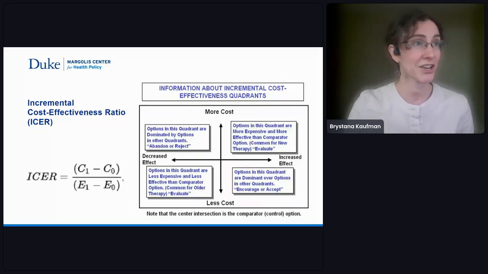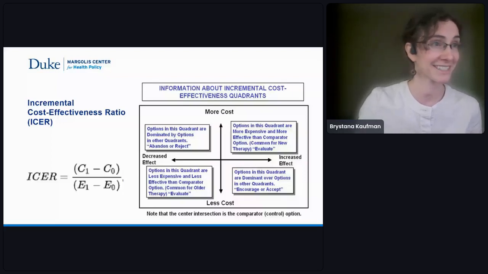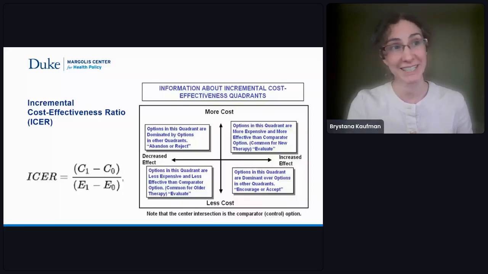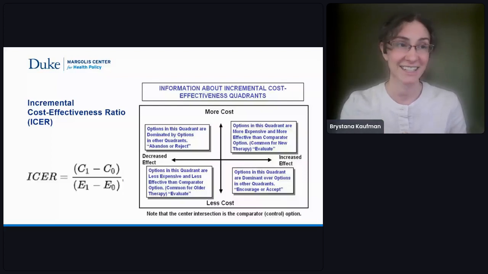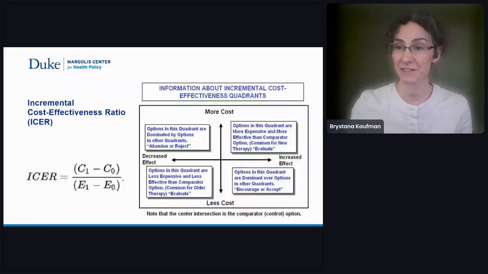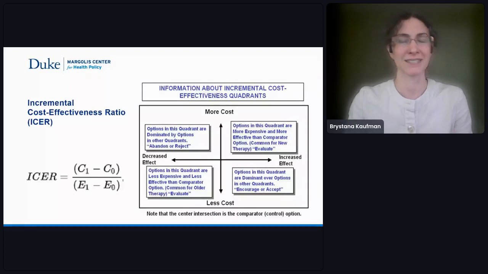And so this ratio leads to, you could have 4 possible interpretations. If it's more money and a better effect, this is where cost effectiveness can be most helpful because we know it costs more, we know it makes things better, but how much more? Is it too much more?